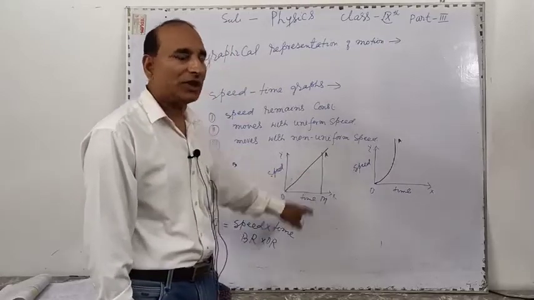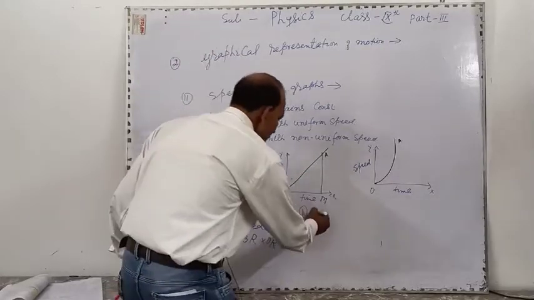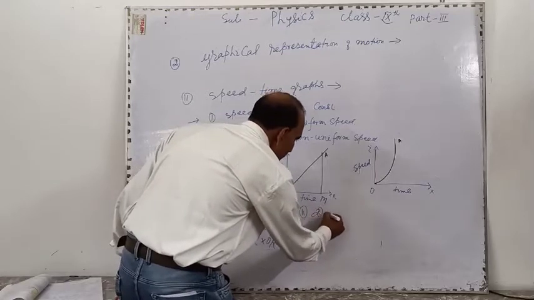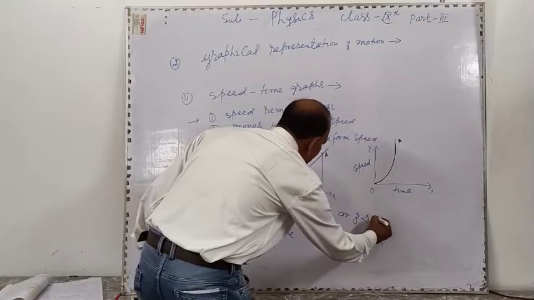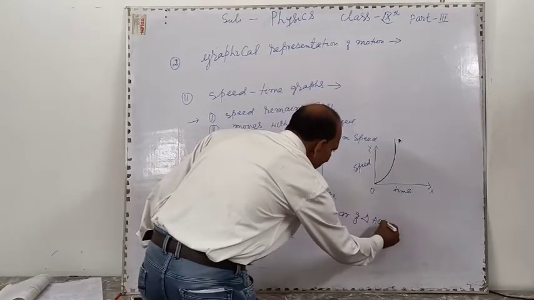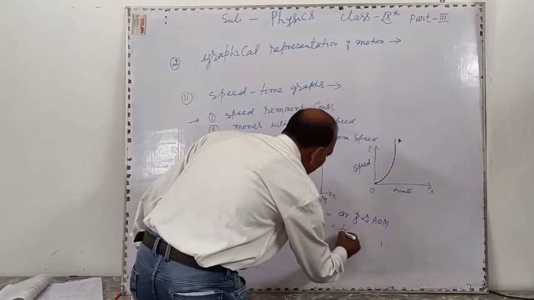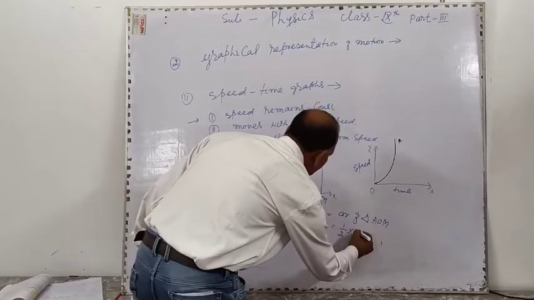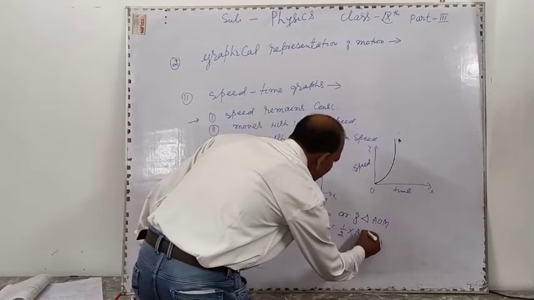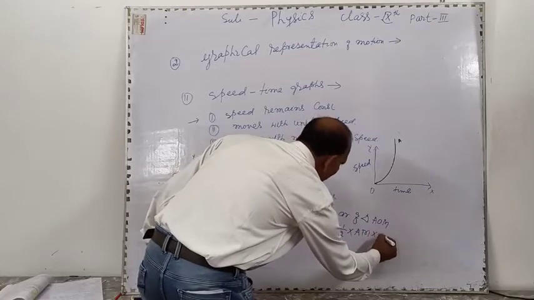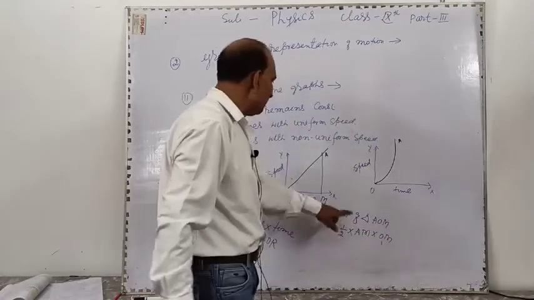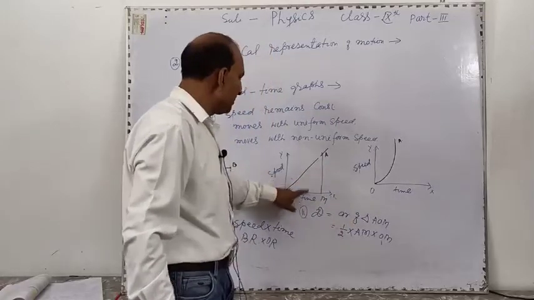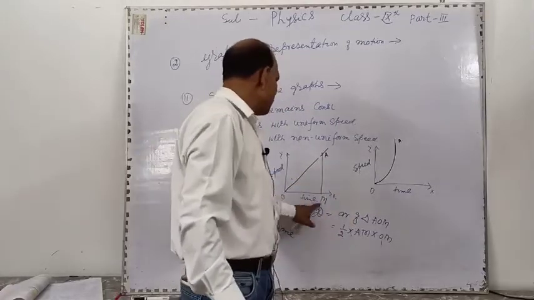Therefore, the distance traveled is equal to the area of triangle AOM, which is equal to 1 by 2 into AM into OM. AM is the speed and OM is time.